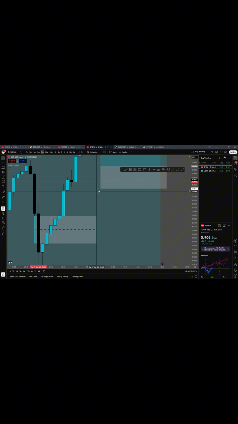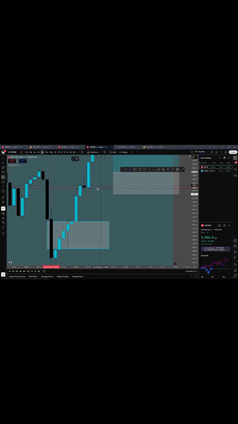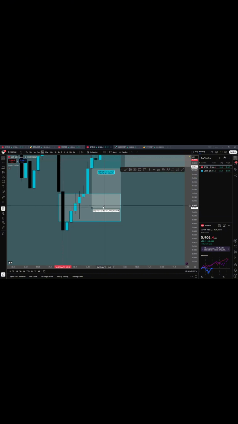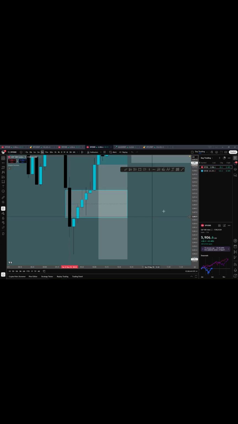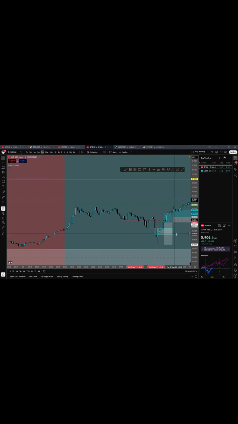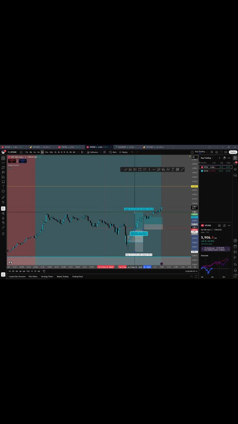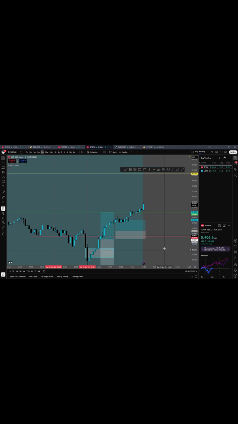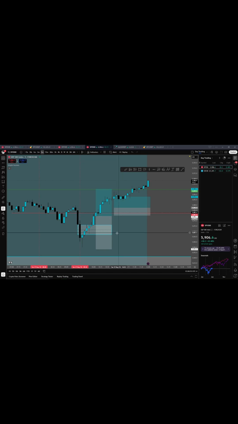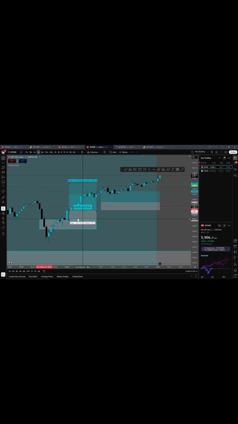So we could have taken a trade too based off this close and put our stops below these lows. But if I'm being honest, I'm not sure if that would have been the better trade, because the stop loss is just so big. You could have also put the stop loss just below another low, maybe on a 3-minute, maybe below here, but still the risk to reward isn't that good.